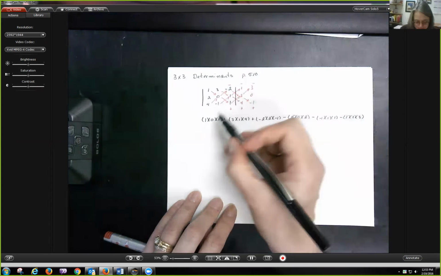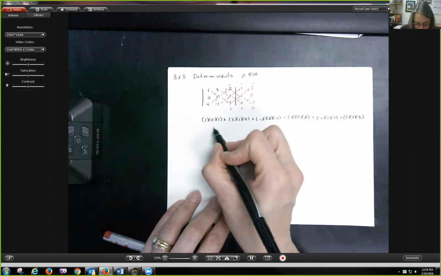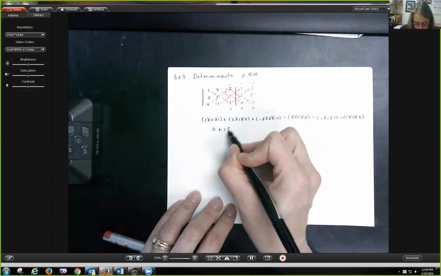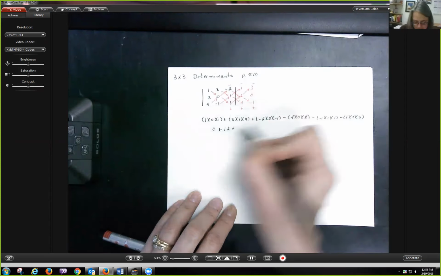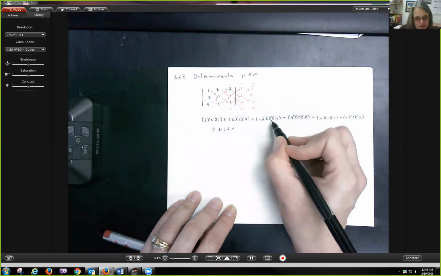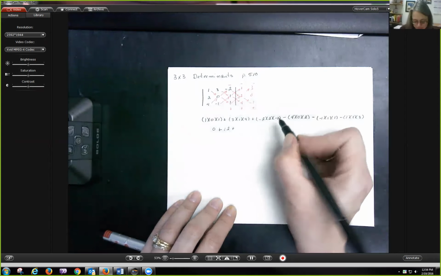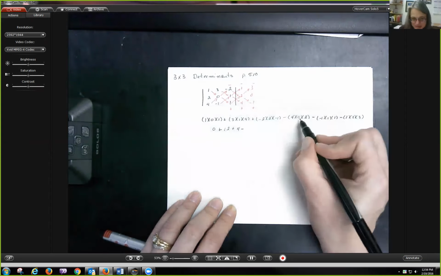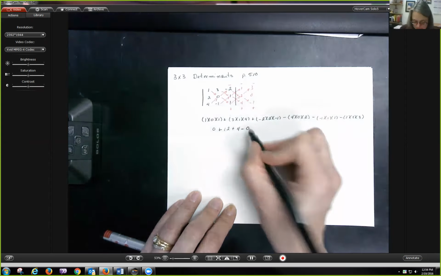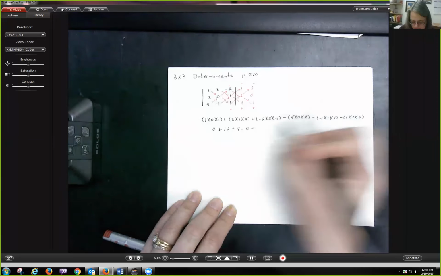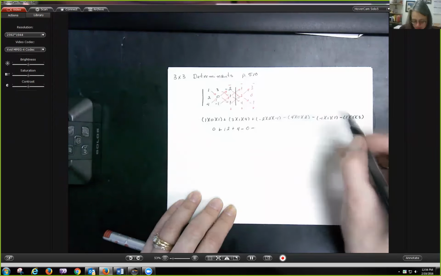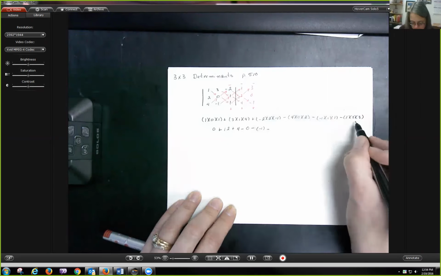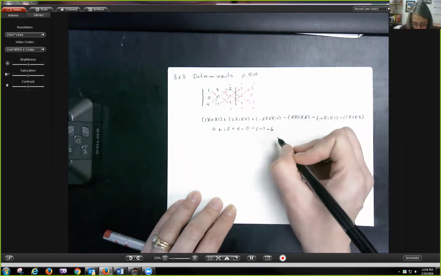Do our multiplication. 1 times 0 times 1 is 0, plus 3 times 1 times 4 is 12, plus -2 times 2 is -4, times -1 is 4, minus 4 times 0 times 2 is 0, minus -1 times 1 times 1 is -1, minus 1 times 2 times 3 is 6.